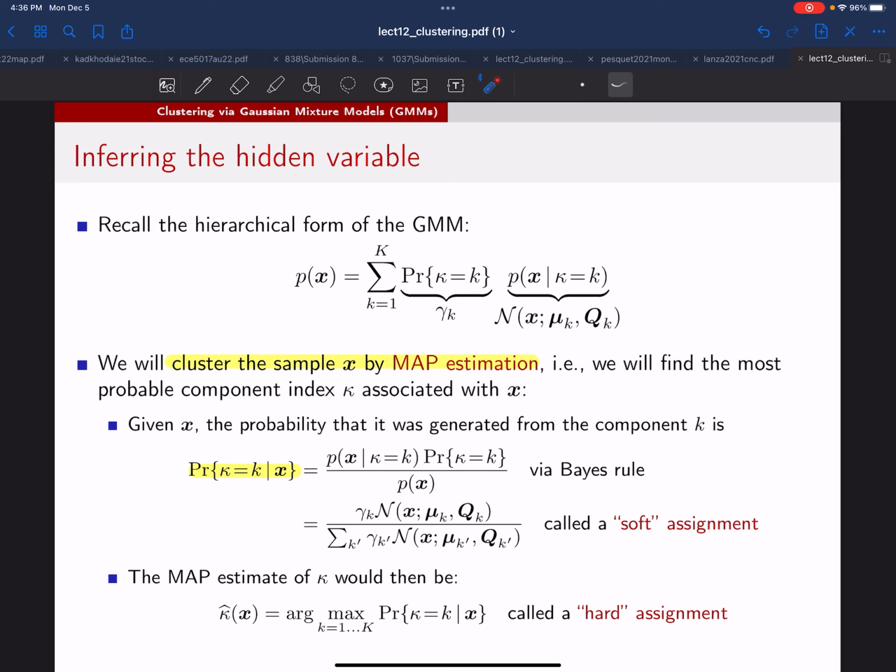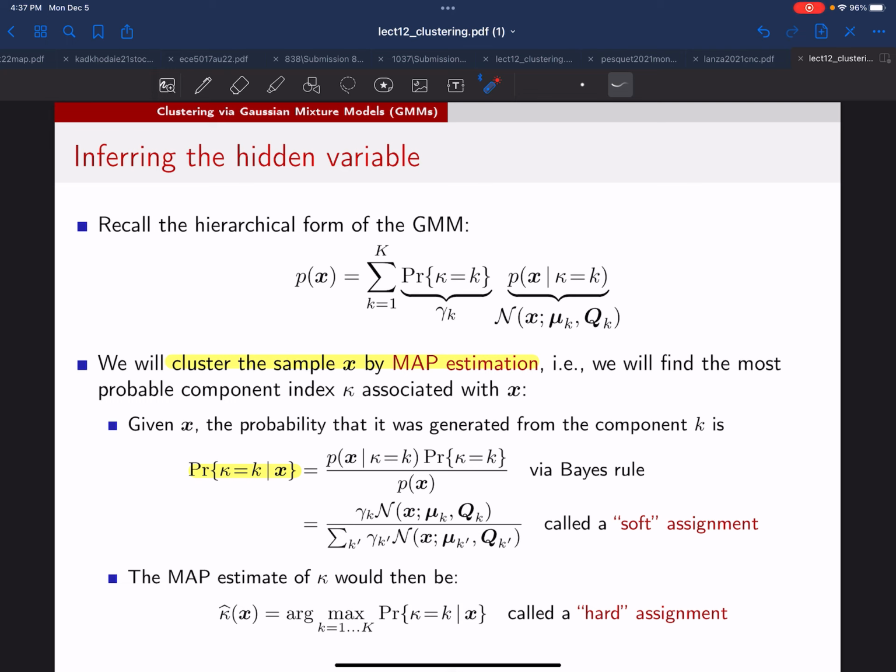Okay, so assuming that we have trained our model, we know all these different parameters. If we have a new test sample x, or even a training sample x, we can plug that in here, and we can evaluate the probability of kappa equals k for that given x. That's going to be a number between 0 and 1, and that's what we call a soft assignment, very similar to our soft probabilities in classification.